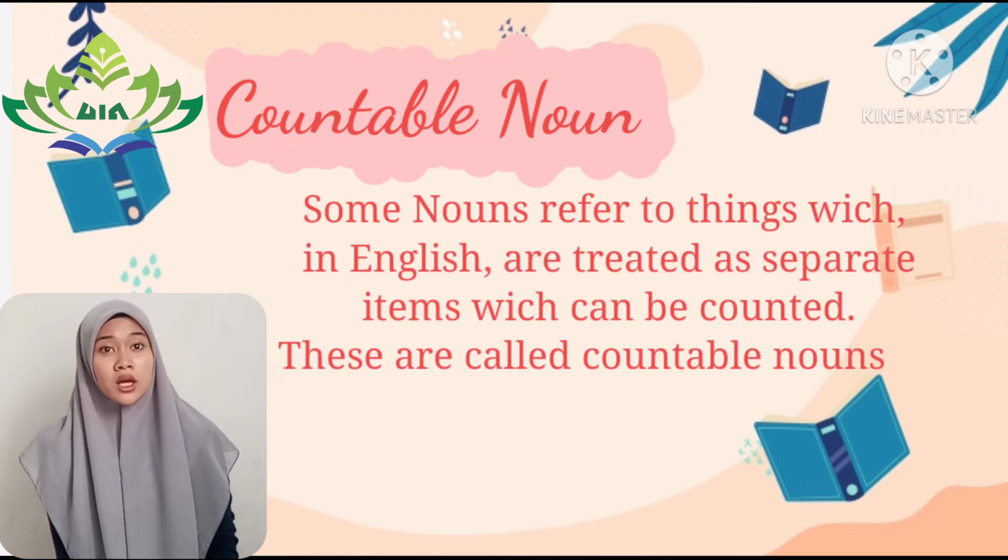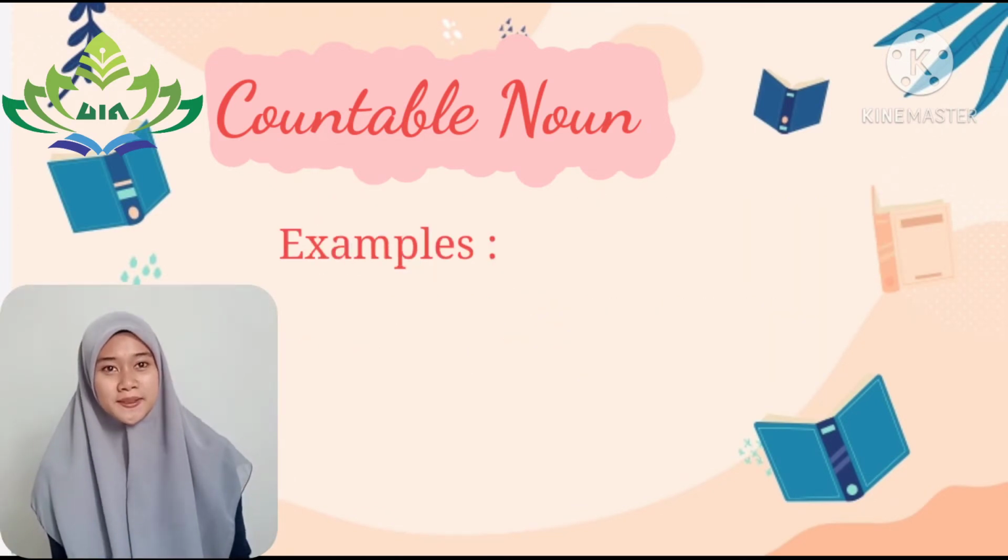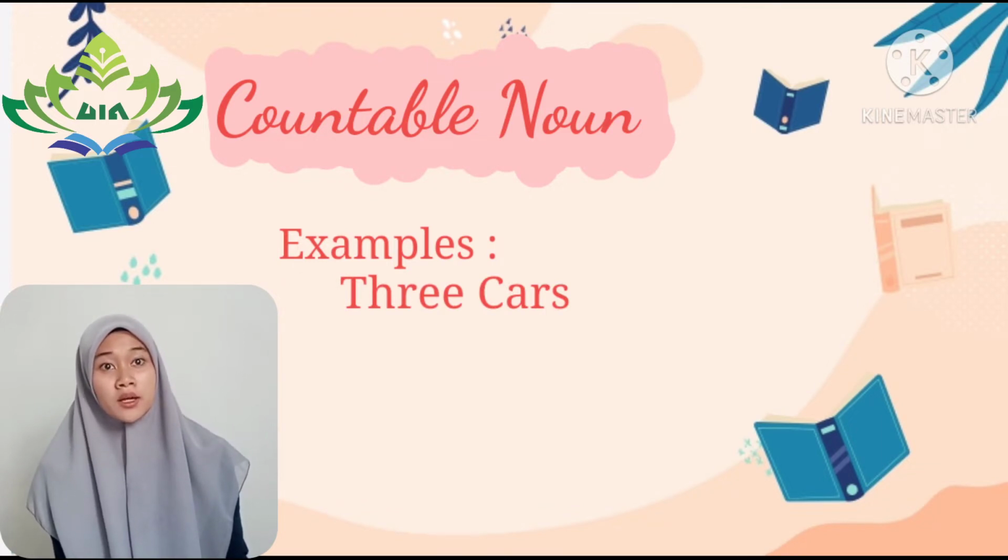Yes, countable nouns are nouns that refer to things which in English are treated as separate items which can be counted, or kata benda yang dapat dihitung. For example, 3 cars, wherein we can count the cars, there are 3. So 3 cars is a countable noun.